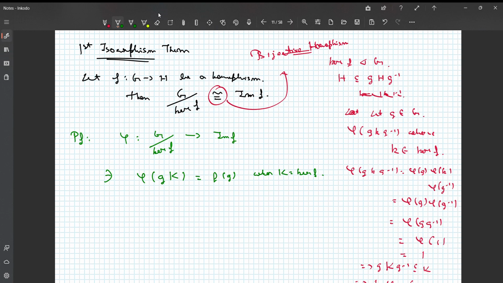Because F of G is an element from image space, and F is a well-defined mapping from G to H, and GK is a well-defined element from the quotient group G mod kernel of F. Clear? So we have this mapping.